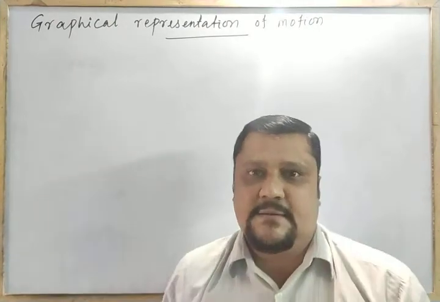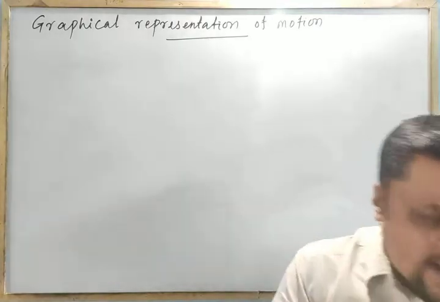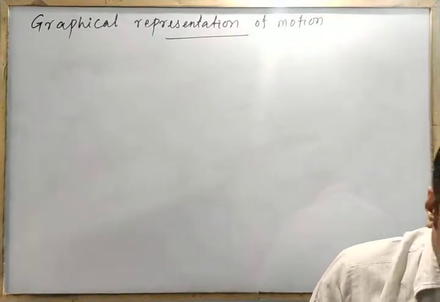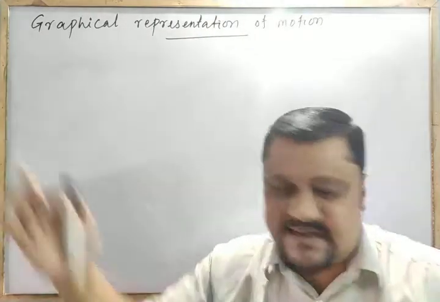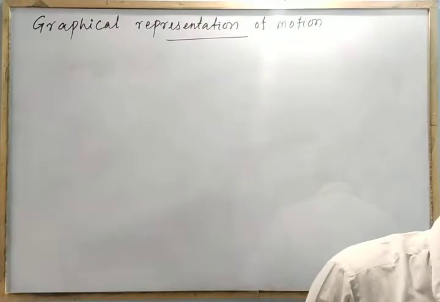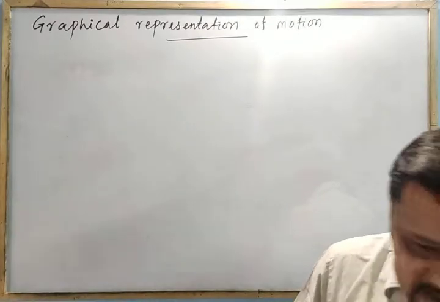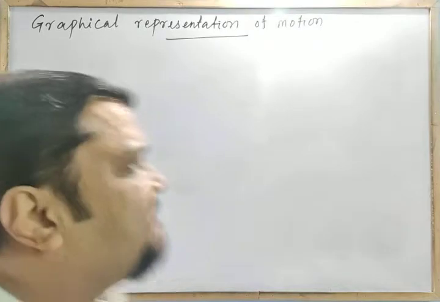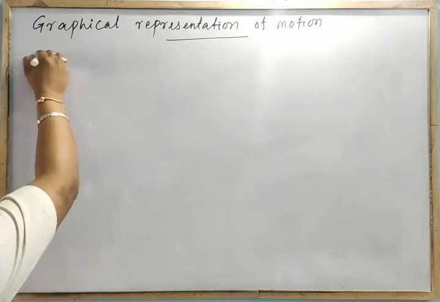In that way we will study the graphical representation of motion in three cases. One is the position time graph, next the velocity time graph, next the acceleration time graph. First we will discuss the position time, or distance time graph.